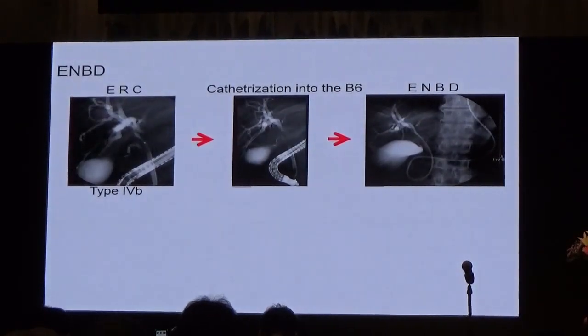However, we must be very careful. First step, we introduce the ENBD catheter after ERCP. Here you see a case of left-sided hepatectomy, where the ENBD catheter is first introduced into the segment 6 duct and ENBD is established.